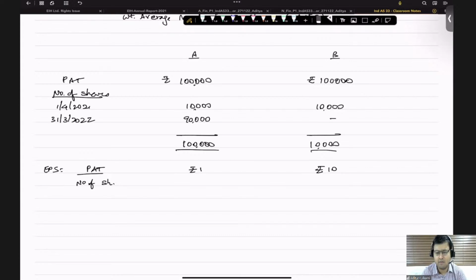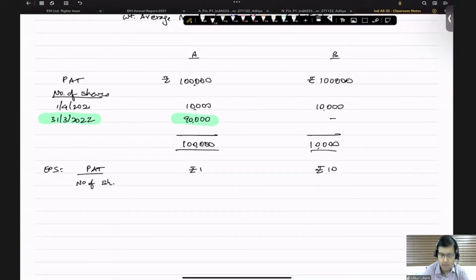Dividend, once 90,000 enters the capital structure, dividends will go to them as well. Manini is saying 90,000 shares are added later on 31st March 2022, which is exactly my point. This 90,000 physically entered the capital structure only on 31st March 2022.